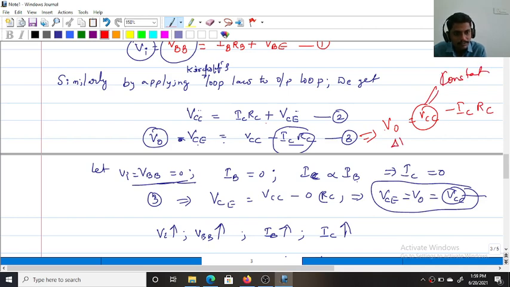By taking the partial differentiation of this equation, delta V naught is equal to, since VCC is constant, the change in VCC becomes 0, and RC is also constant, so minus RC into delta IC. That implies delta V naught is equal to minus RC into delta IC.